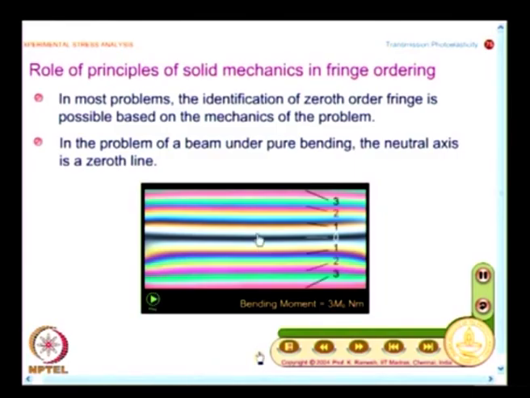And another question we have not raised all along, I said you have fringe orders only as positive integers in photoelasticity. Neither did you ask me how to find out whether it is a tension side or compression side by looking at the fringe order alone. We will see a methodology experimentally, but because it is a simple problem, if you know how you have applied the load, we have applied the load like this, it is bent like this.